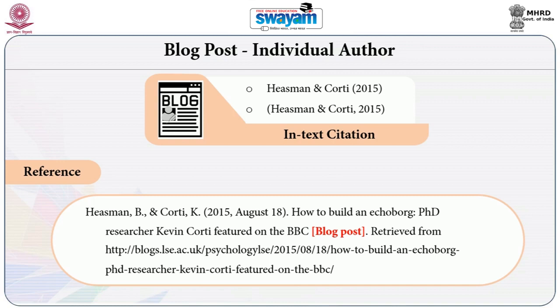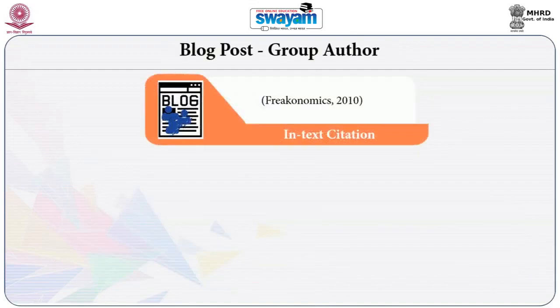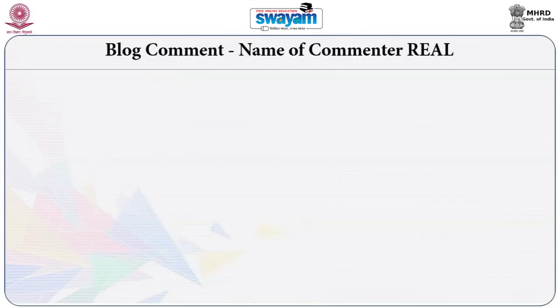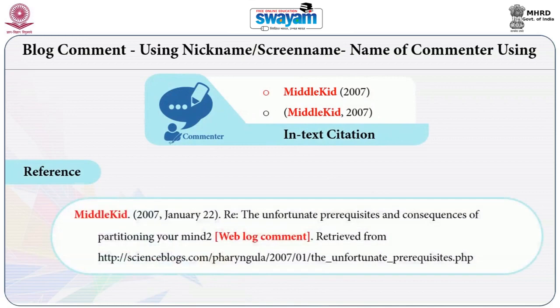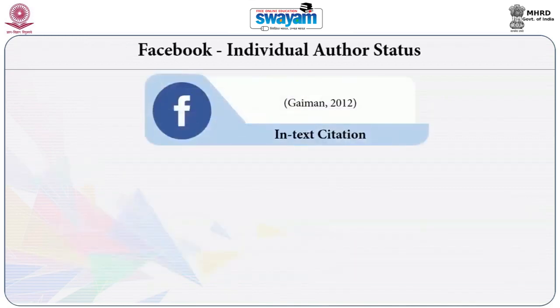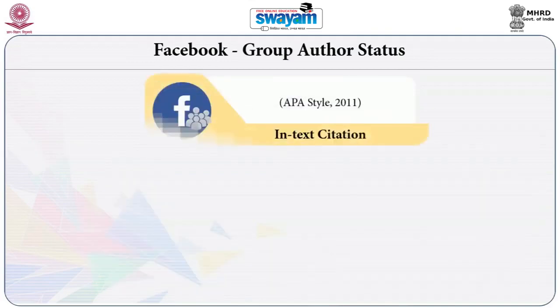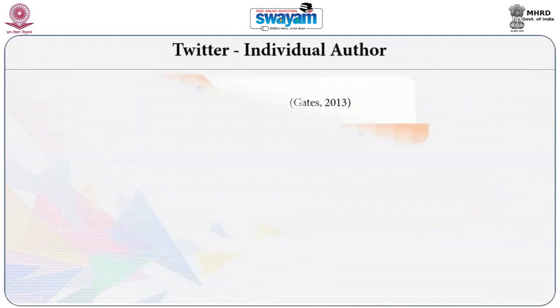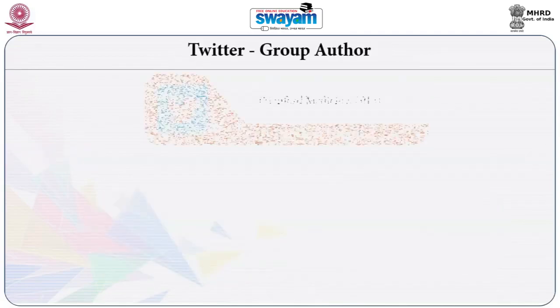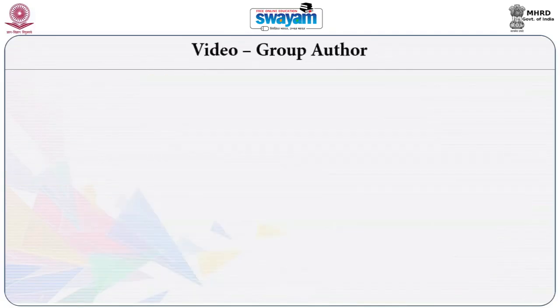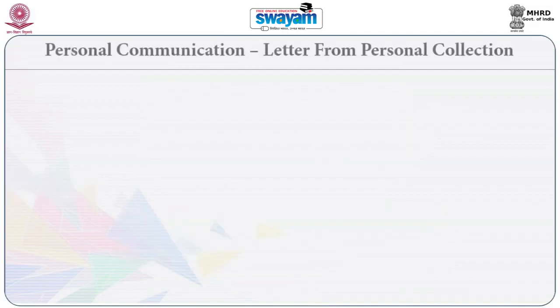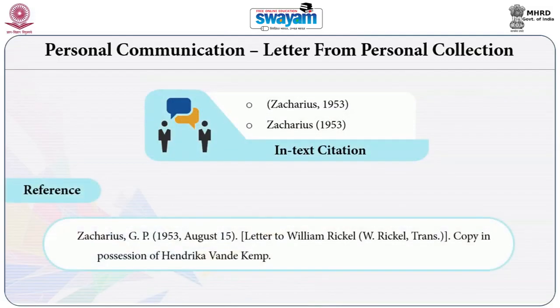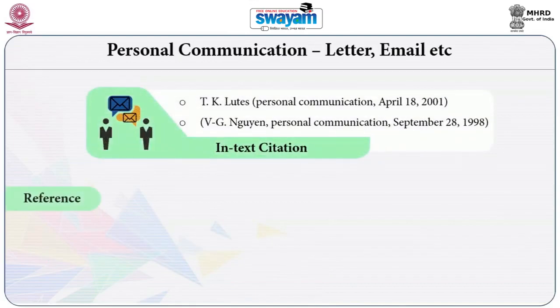Please see the displayed examples on screen for blog post by individual author, blog post with group author, blog comment with real name of the commenter, blog commenter using a nickname or a screen name, Facebook with individual author status, Facebook with a group author status, tweet by an individual author on Twitter, tweet by a group author on Twitter, video with group author, Wikipedia, personal communication, a letter from a personal collection, personal communication, letter, email, etc.